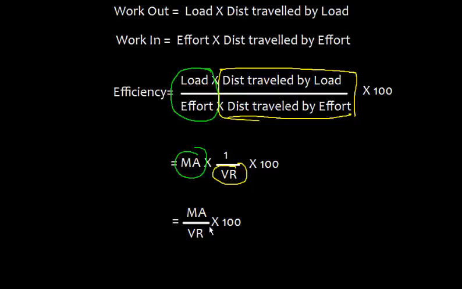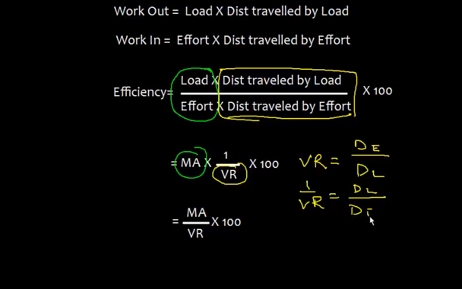So we can write like mechanical advantage divided by VR multiplied by 100. Let me repeat this here. Velocity ratio, what we got was distance traveled by effort divided by distance traveled by load. So 1 by VR will be distance traveled by load divided by distance traveled by effort. So we use this information here, 1 by VR.